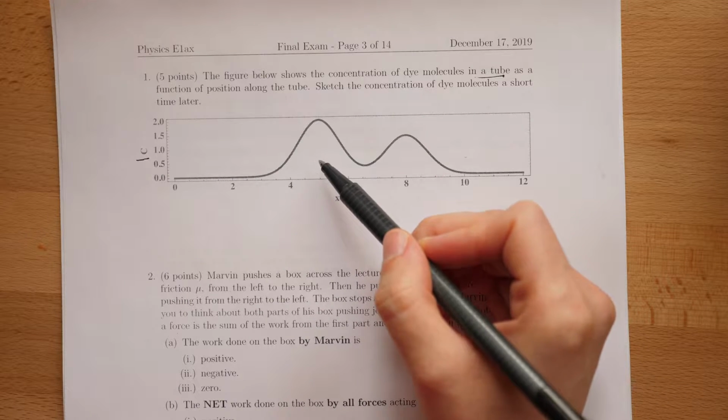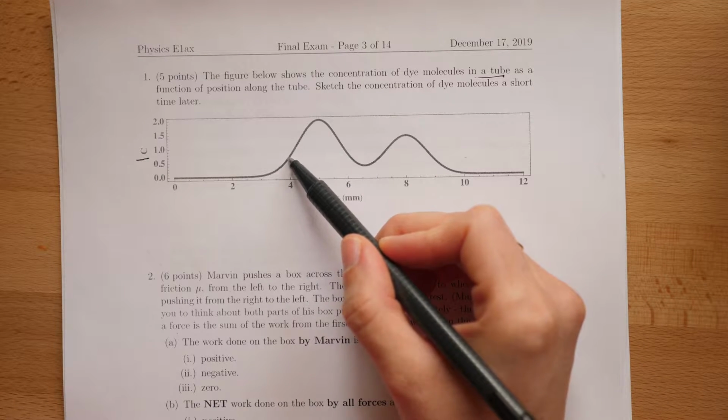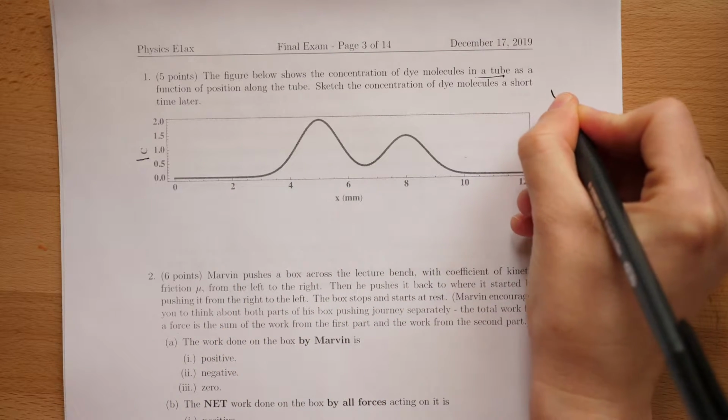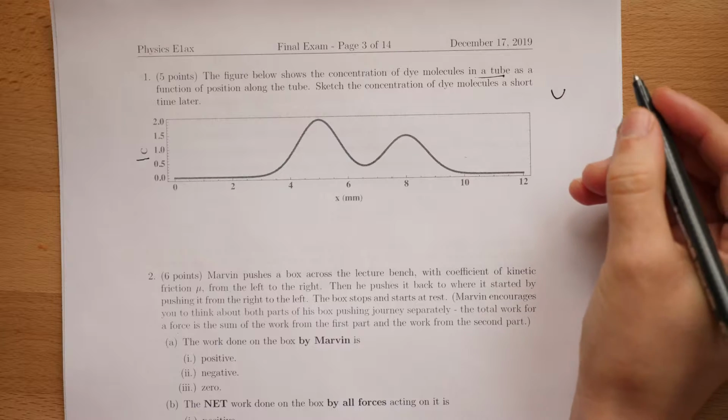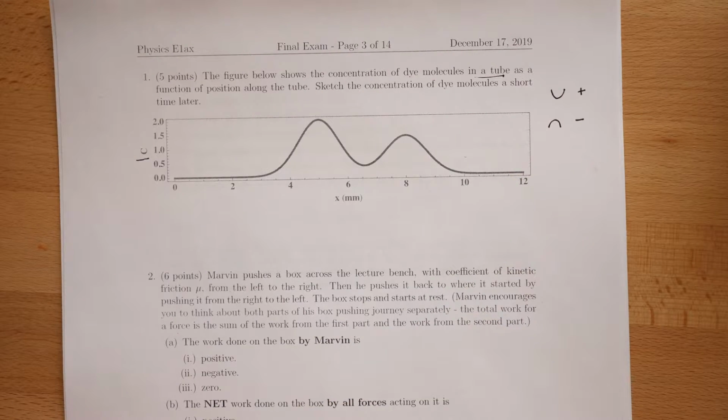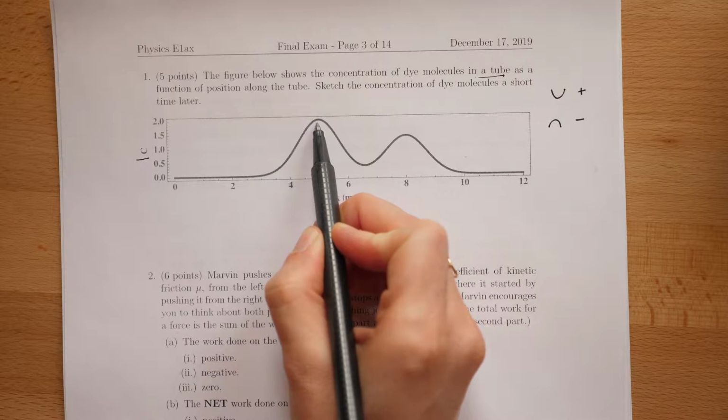So the question here really is, how do you figure out whether it's up like a cup or down like a frown? Well, you look at a point on the graph.